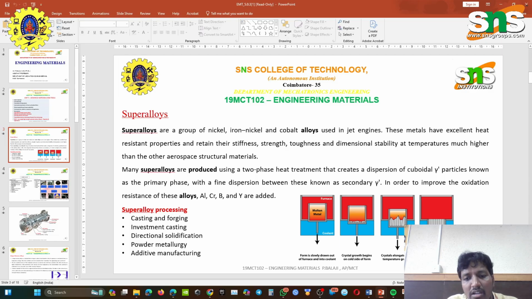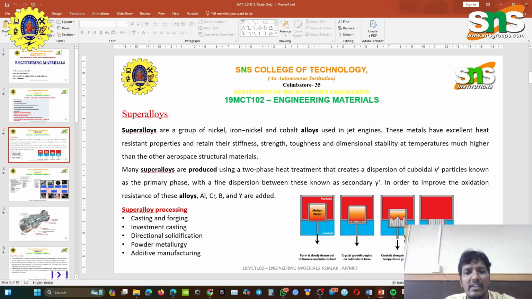The crystal grows from the cool side of the mold, and the crystal elongates along the temperature gradient. The fully solidified oriented castings are available in the last slide. So this is the casting manufacturing process using superalloys.